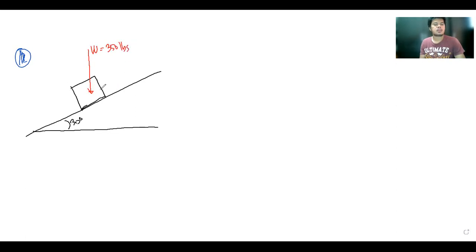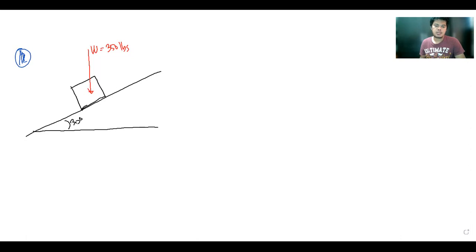The problem is asking what horizontal force P is necessary to hold the body.